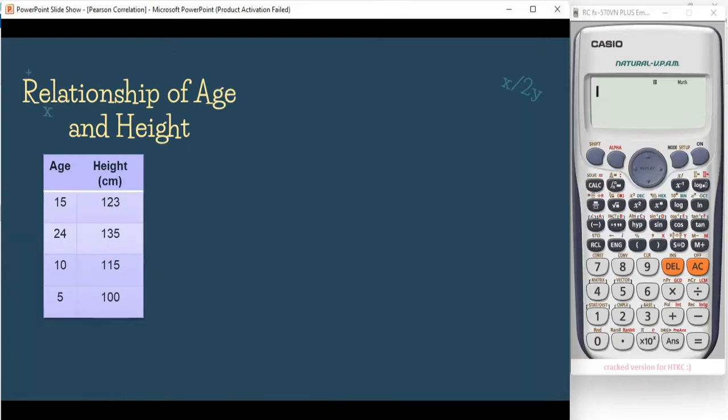Now, my dear students, paano kapag hindi tayo pinapag-graph? Paano natin malalaman ang correlation ng isang bivariate data? So we use, my dear students, what we call the Pearson correlation.